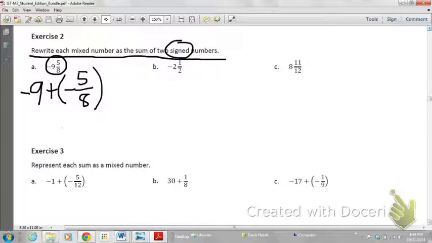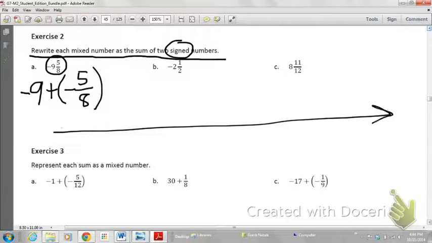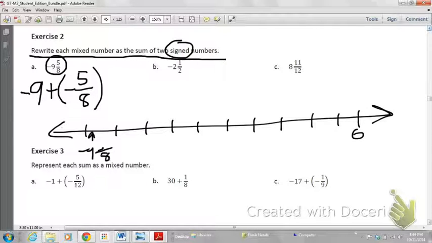That's going to take us all the way down to negative 9 5/8 on the number line. 1, 2, 3, 5, 6, 7, 8, 9, 10. Okay, so we're about right here. Negative 9 5/8. And the way we get there is by finding the sum of.